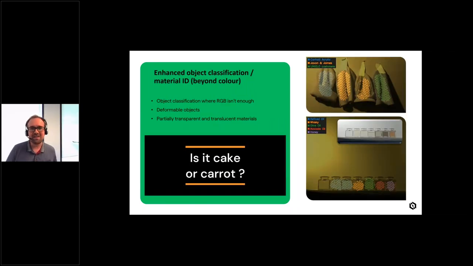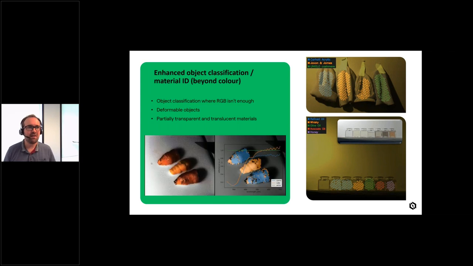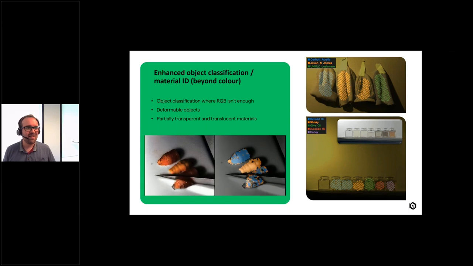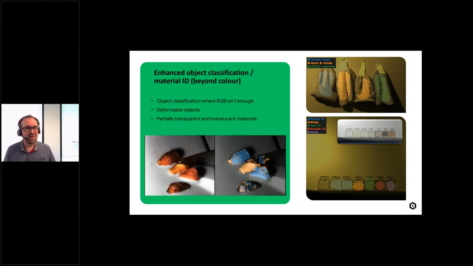Okay, so the last couple of examples here we'll go through quite quickly. Hopefully, enhanced object classification. So what can you do beyond color, right? If things from an RGB perspective look pretty similar, how do you make the most of that, and how do you still perform the tasks that you're being asked to do? So here we have a fun example. This was a day at the office kitchen where we took some carrots and a chocolate.